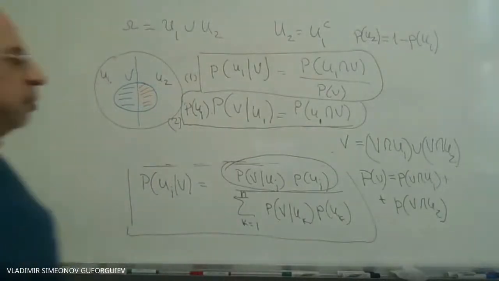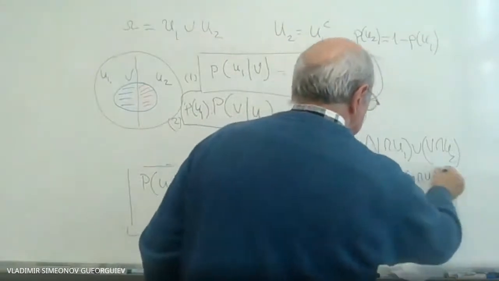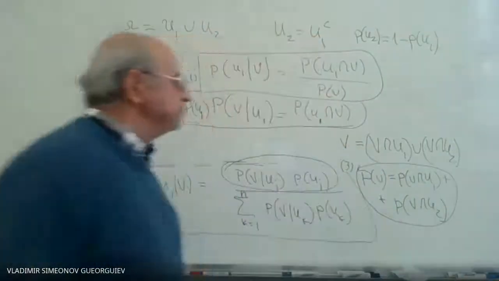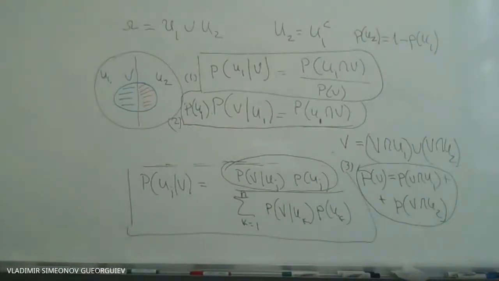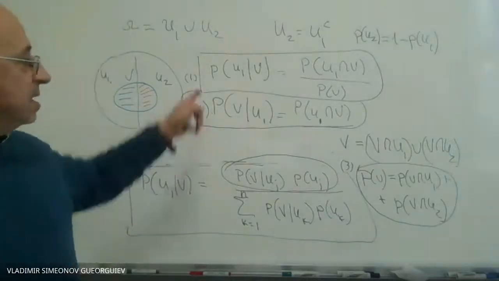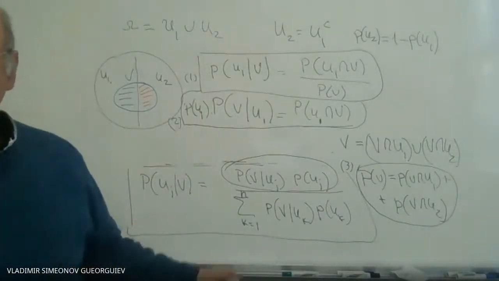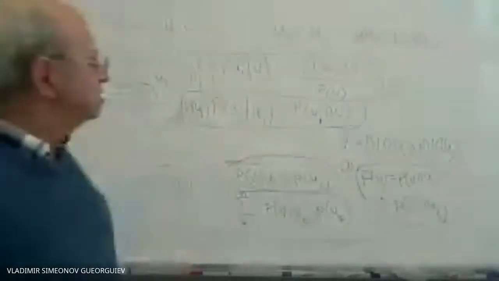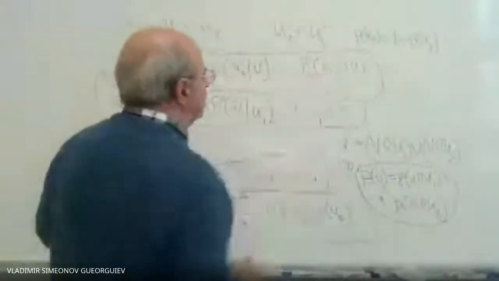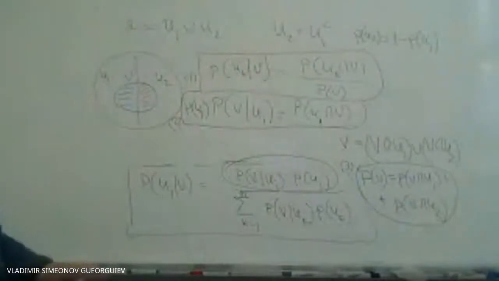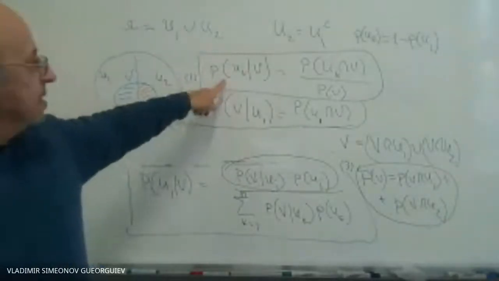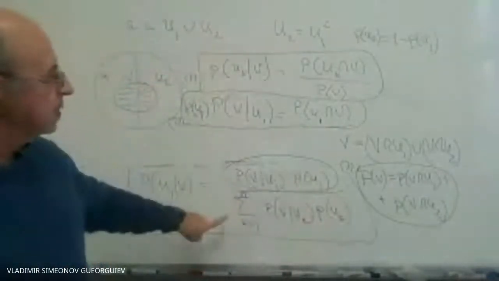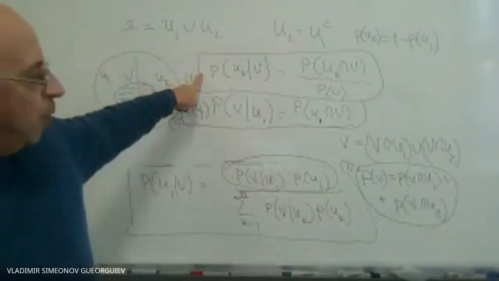And then we have the important relation 3. Actually, I shall make a small modification in my relation 1 because this relation is irrelevant whether I use here 1 or 2. That's why I shall put here kappa. When kappa is 1, it is one relation. When kappa is 2, it is another relation. But you see what we have in the denominator if you use a combination between 1 and 3.